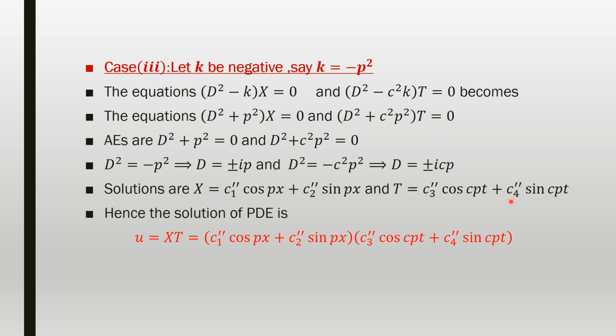Now we know that u equal to XT, so substituting the expressions for x and t, u equals c1 double dash cos px plus c2 double dash sin px, into c3 double dash cos cpt plus c4 double dash sin cpt.